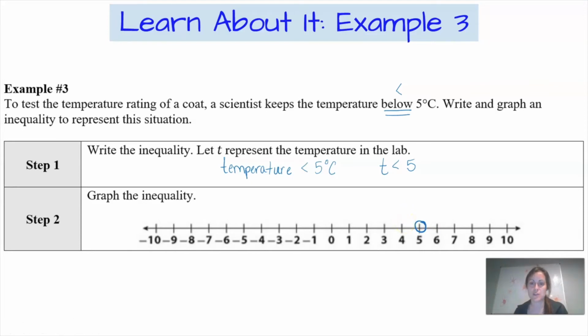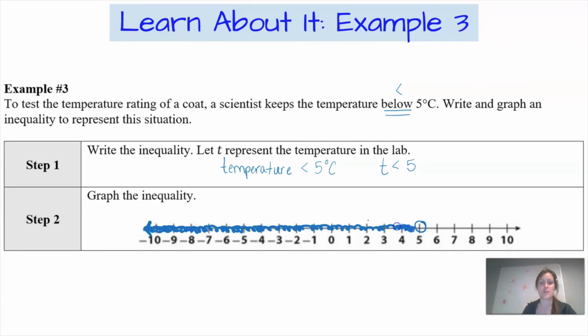In this particular example, I selected numbers that were less than 5, like 0 and -4, and I think I said -100. That would be really, really chilly, -100 degrees Celsius. So I shaded all of the values that make this inequality true.